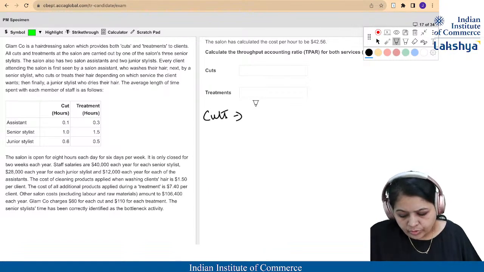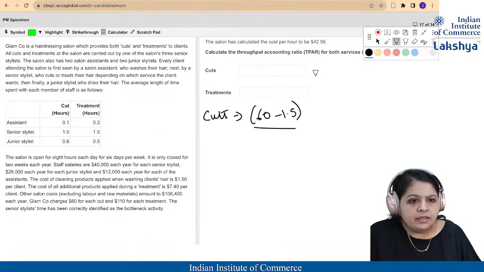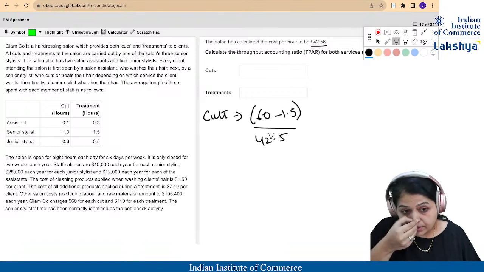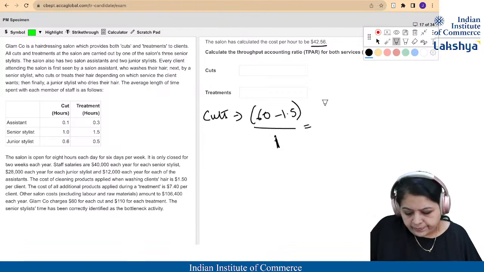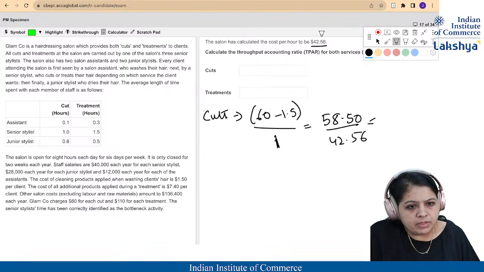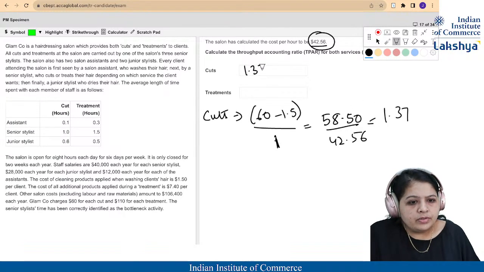So my TPAR is going to be the selling price, which is $60, minus 1.50, which is the direct material cost, divided by the cost per hour, which is given as 42.56, right? So my return per factory hour is going to be 58.50, and then you divide it by 42.56, which is my cost per hour, which brings it to 1.37. So my cut is 1.37.